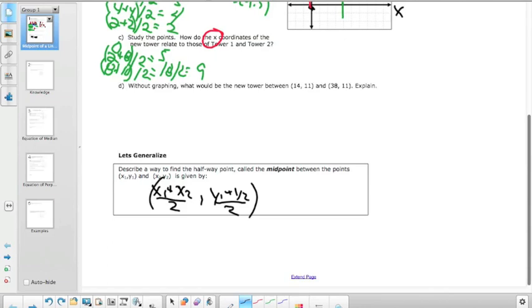We need the brackets because it's still a coordinate pair. This is an x value, this is a y value. So we denote the midpoint with a capital M. This is how we calculate the midpoint of a segment once we know its ends: M = ((x1 + x2)/2, (y1 + y2)/2).